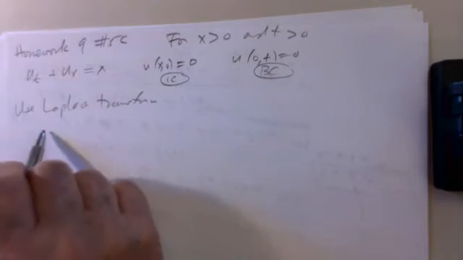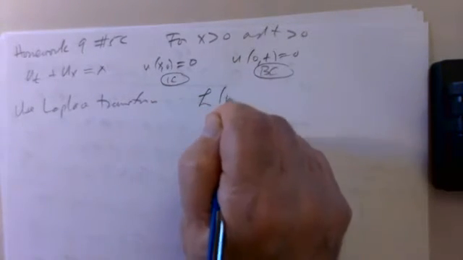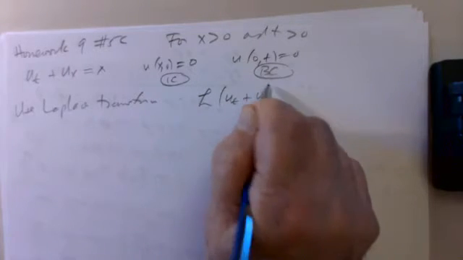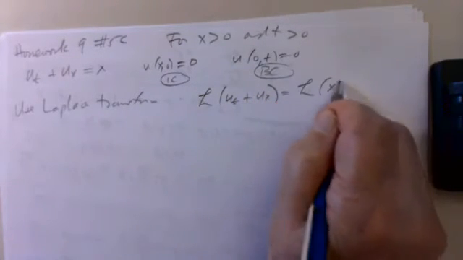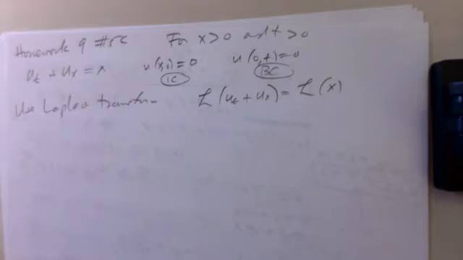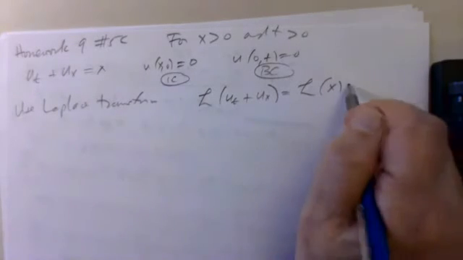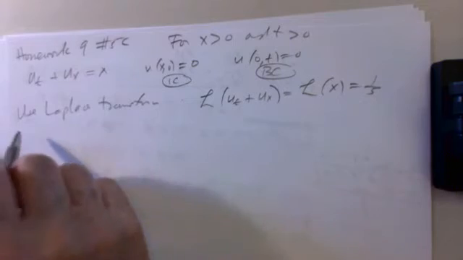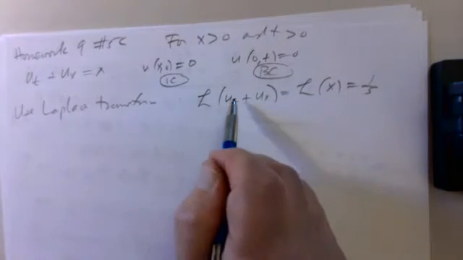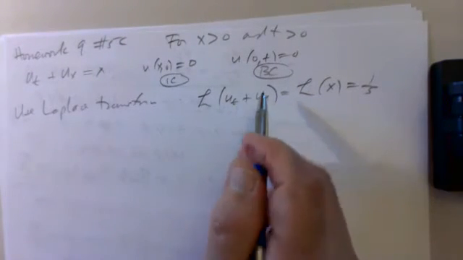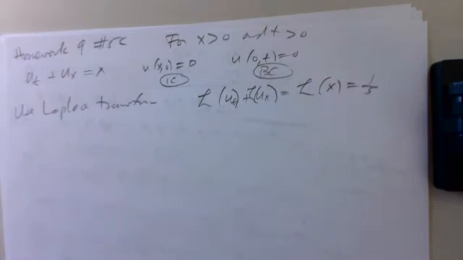So if we take the Laplace transform of u_t plus u_x, that's going to be the Laplace transform of x. We have to remember or look up what is the Laplace transform of x. And I believe it's 1 over s squared. The Laplace transform of a sum is the sum of the Laplace transforms.